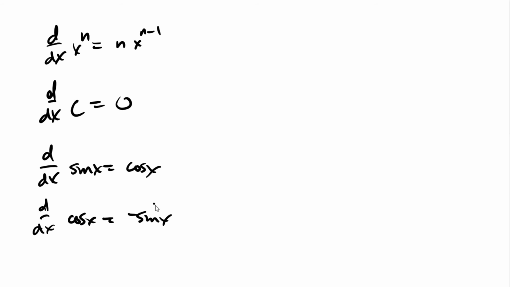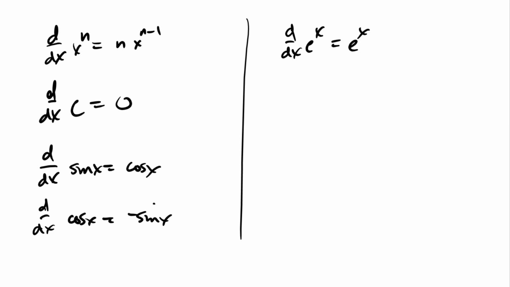And then depending on where you took your class, you will have seen d by dx of e to the x is equal to e to the x, but this one we are going to do ourselves as well. You may have also seen d by dx of the natural log of x is equal to 1 over x. This is another rule that we are going to prove for ourselves because we don't assume that you've seen what are called transcendental functions yet.